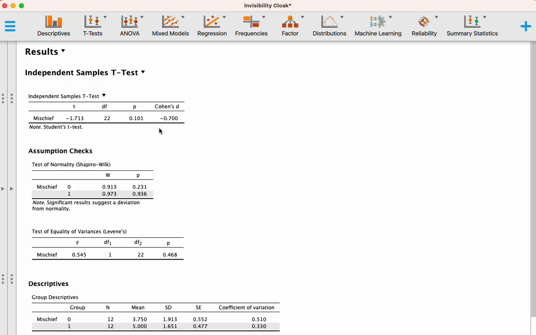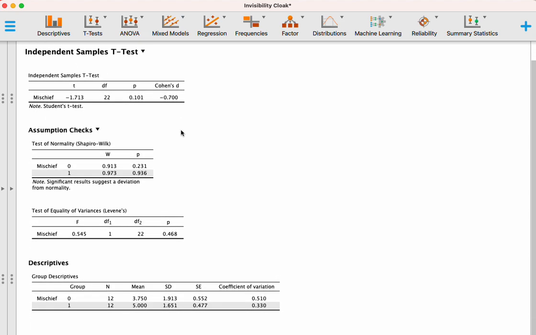Think of this similarly to the Pearson's R. It's just a way for us to interpret the strength and direction of the effect. This is the information that you'll need for reporting. You will report in APA format all of these values here, and I'll talk about that in the next video.